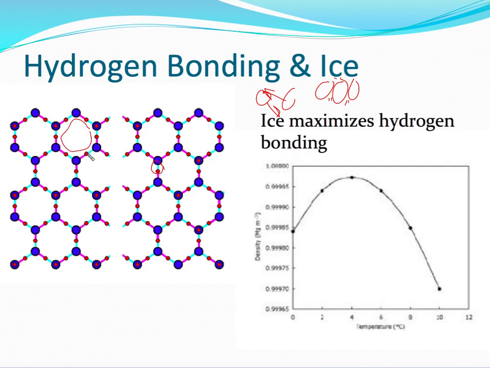So the reason that ice is less dense than water is because these molecules are spread out. They maximize the space they take up, which leads to lower density and these ice crystals forming. This is why when water freezes, it expands. It has to line up like this so that it can maximize that hydrogen bonding.